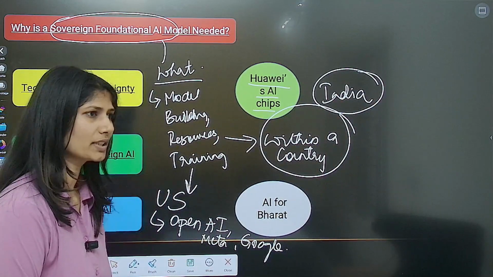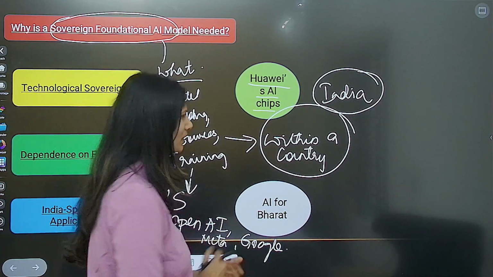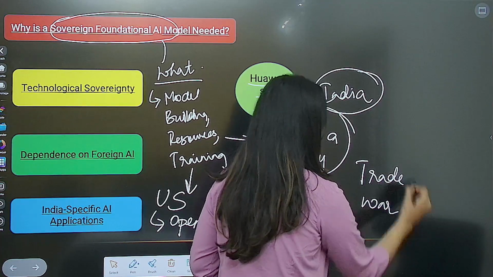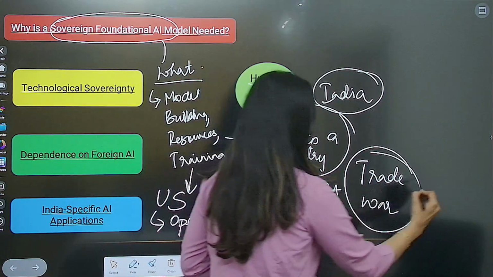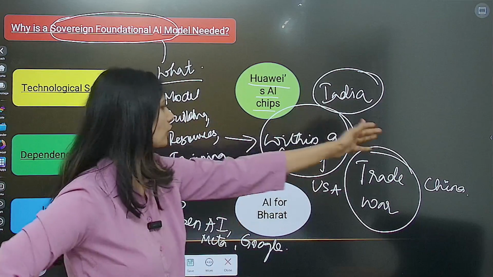And this is also coming at a period when there are trade wars going on. Now when we say AI and trade war, what are we discussing? The trade war presently going on is between your USA and China. This is more of a direct attack: I will put sanctions on you, you will put sanctions on me.